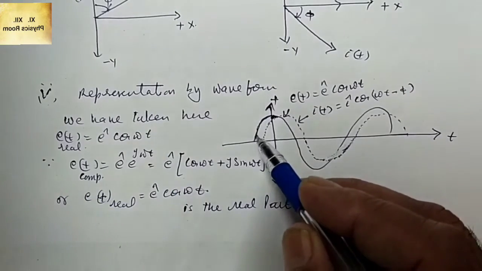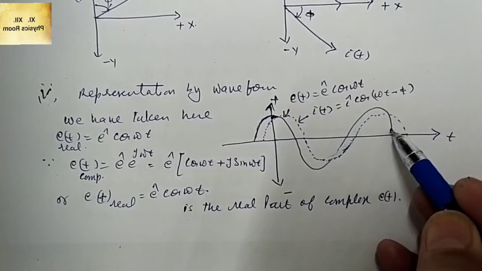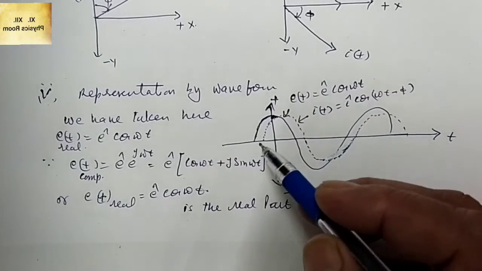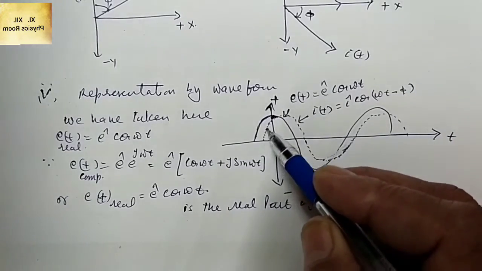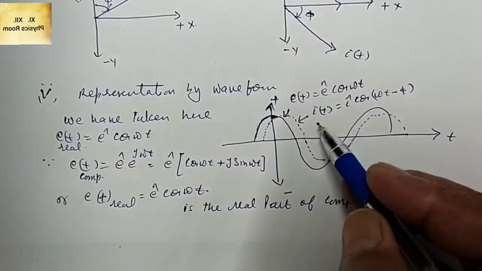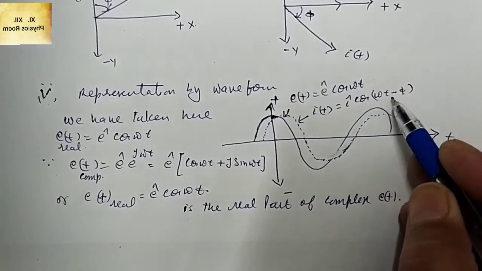So we draw this bold line which represents the cosine wave, ET is equal to E max cos omega t. And the current waveform we represent by dotted lines. It lags by phi. So IT is equal to I max cos omega t minus phi.